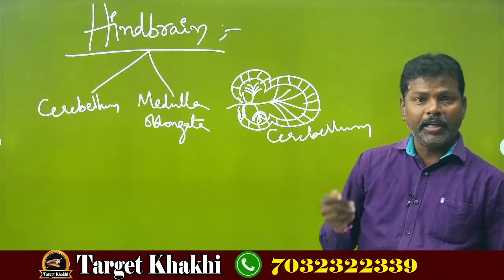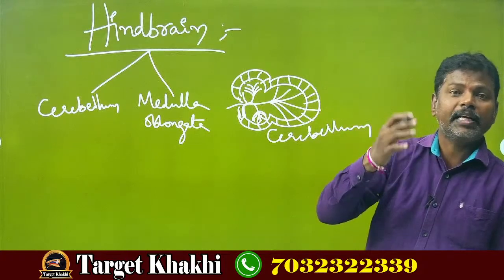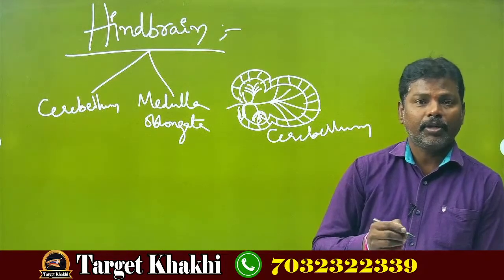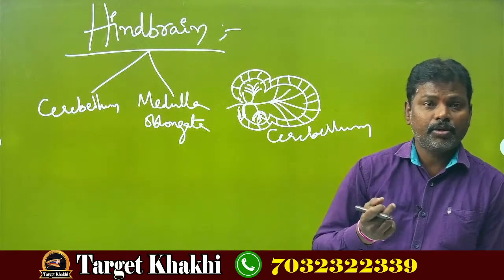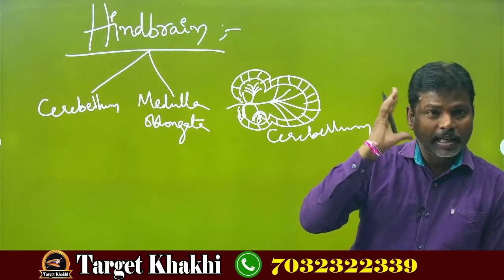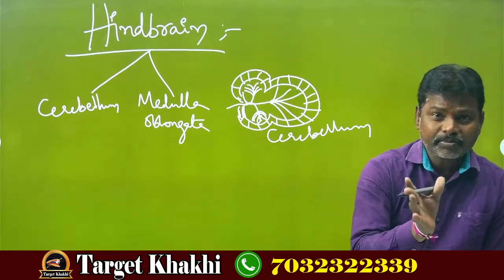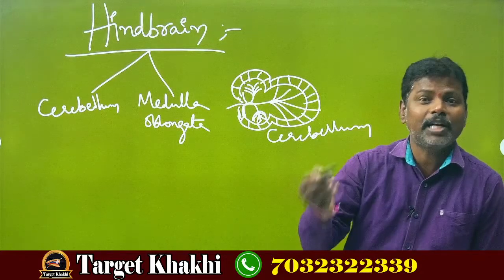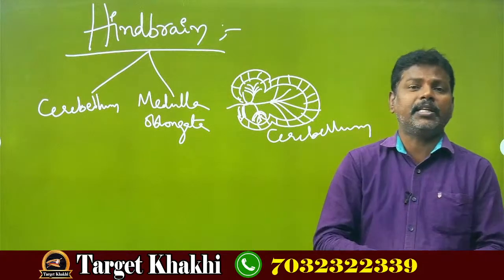Cerebellum will not function properly in those people who drink alcohol daily. Understood? So, the people who consume alcohol cannot see any object properly. They cannot walk on the road properly. At that time, cerebellum does not show any function.